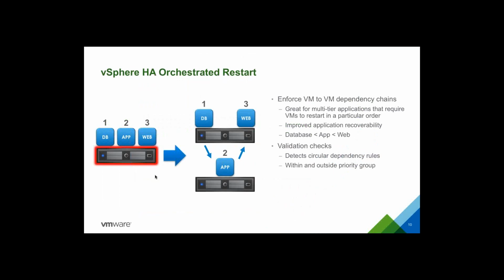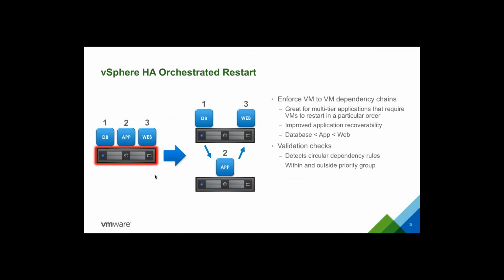Whenever you're creating these different rules, the web client is going to detect and keep you from creating any type of conflicting rules, such as a circular dependency. If you had 2 VMs dependent on the same virtual machine, you can't create a conflicting dependency there, so it's going to detect those.